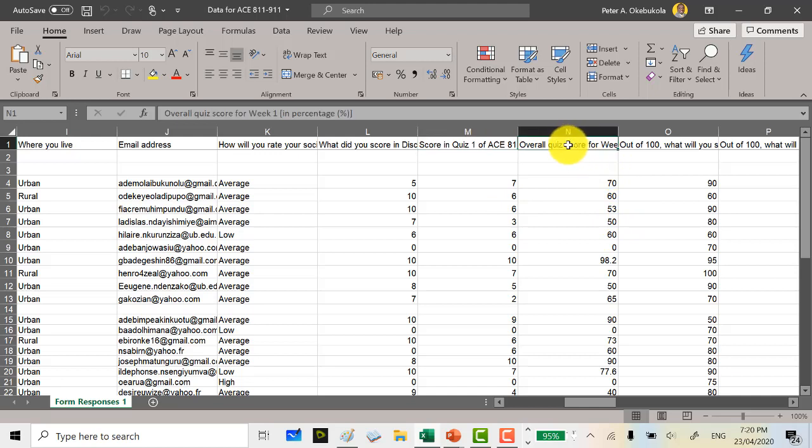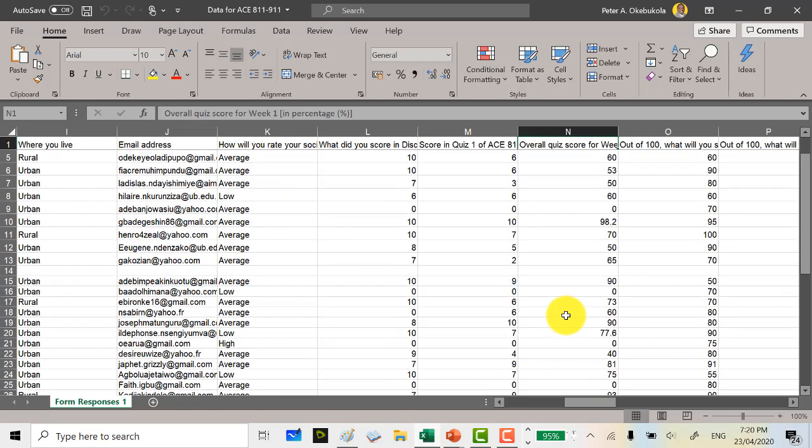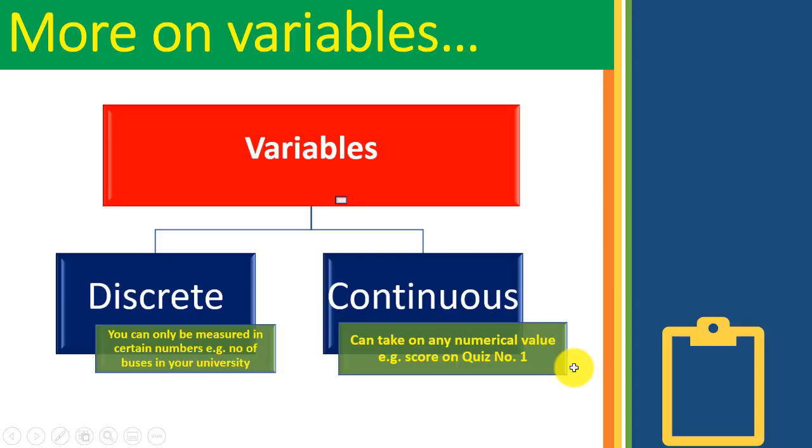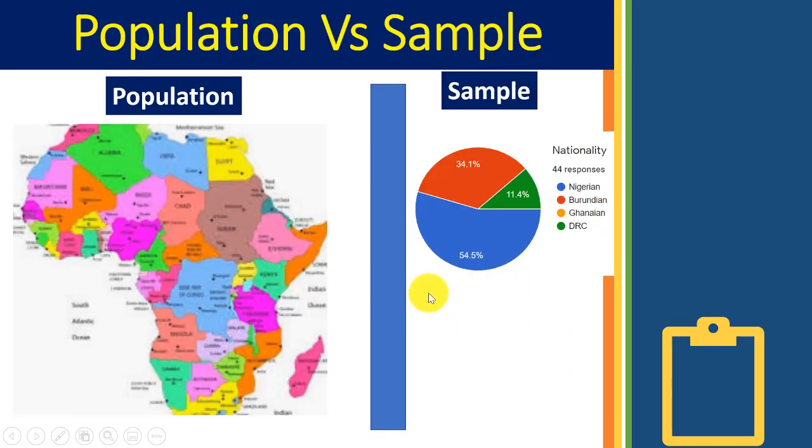Here, overall quiz score, you can see 70, 98.2, 76, 77.6, 50, 96.5, 45.1. So these are continuous variables. To summarize, variables can be classified as discrete, measured in certain numbers, or continuous, taking on any numerical value.